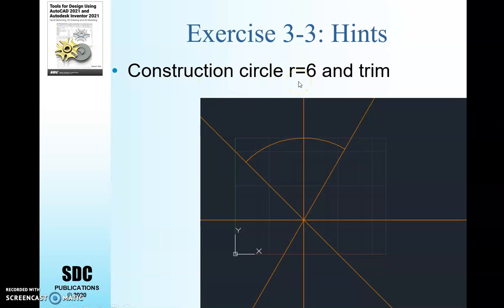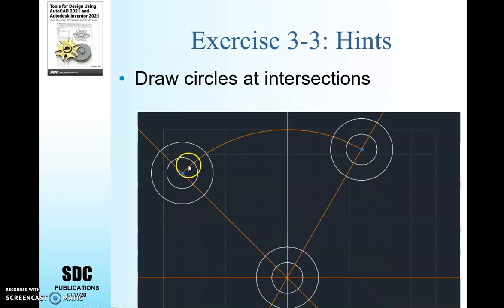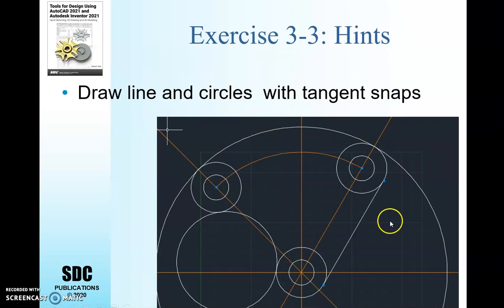Construction line, and then I used that as the center, made a construction circle. It's a radius of 6, and then I trimmed away the circle. And then at those intersections, I put my circles. And then I used tangent radius circle here with the right radius. I used tangent radius circle here with the right radius.